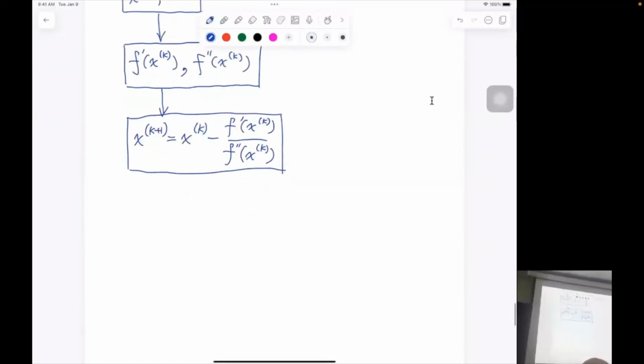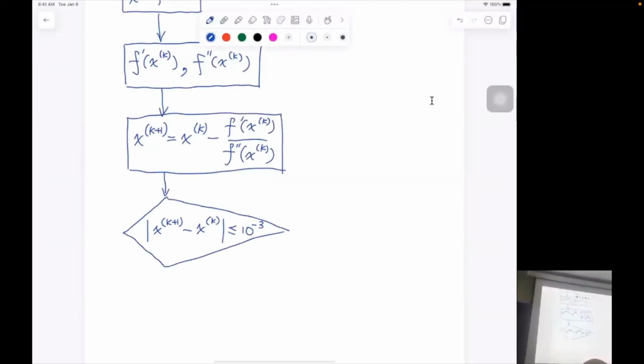Okay, and then we said the convergence check. Usually, if there's a check, it looks like this, right? And if yes, then your optimal is your latest design.